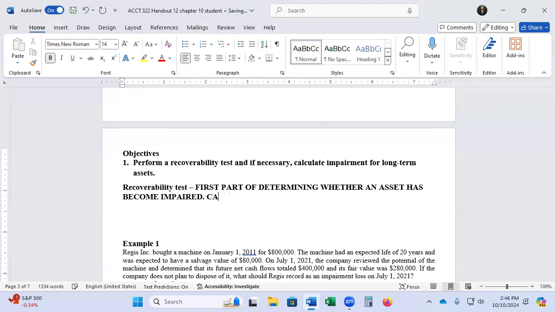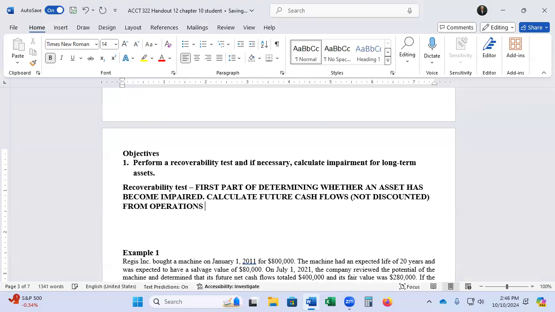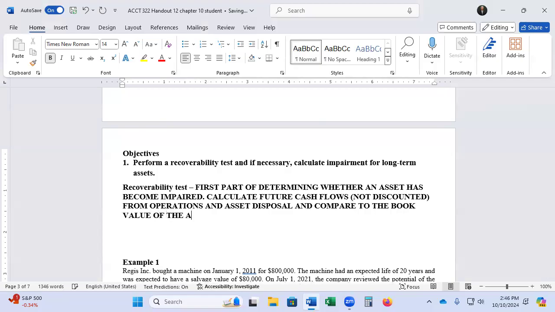And so you calculate future cash flows, not discounted, from operations and asset disposal, and compare to the book value of the asset.